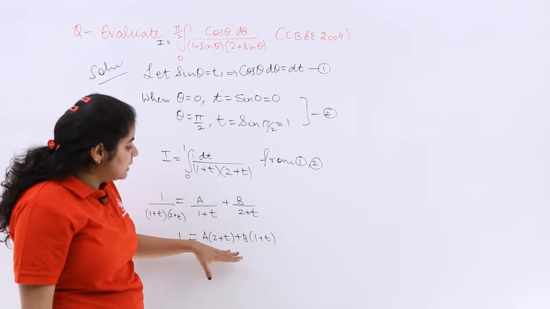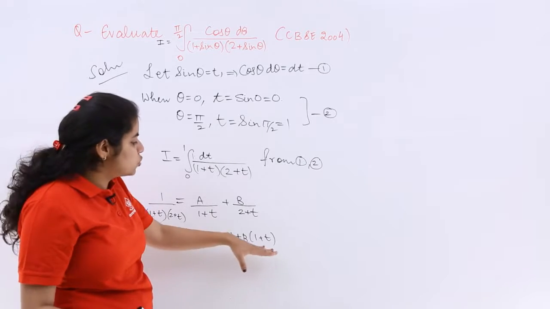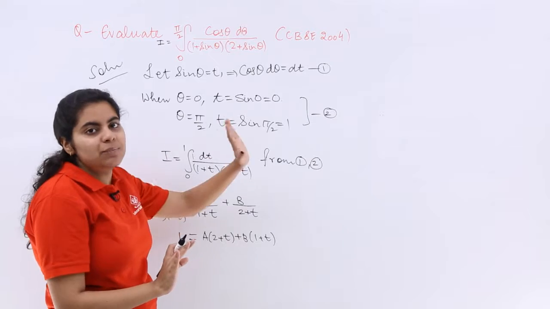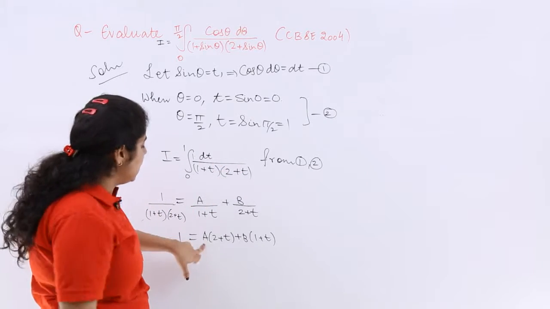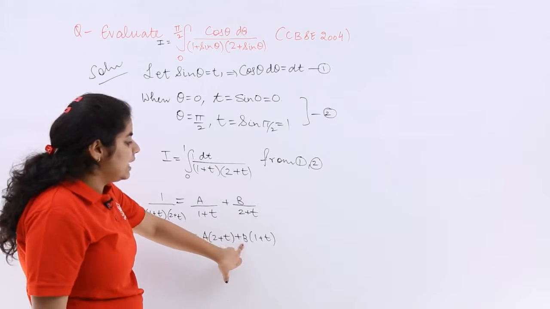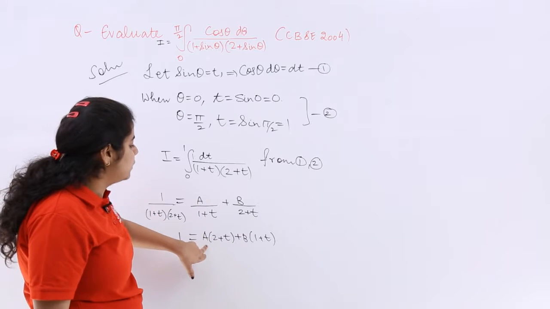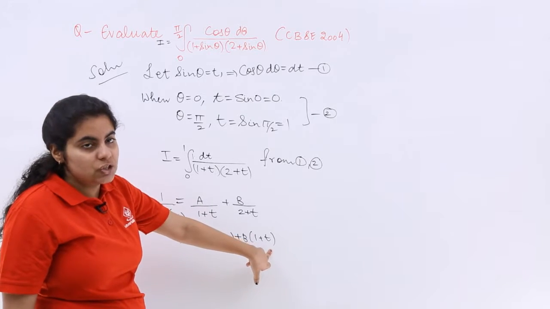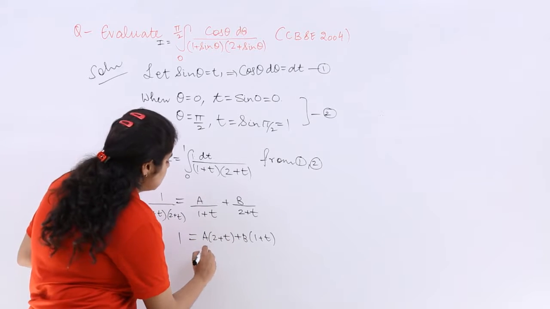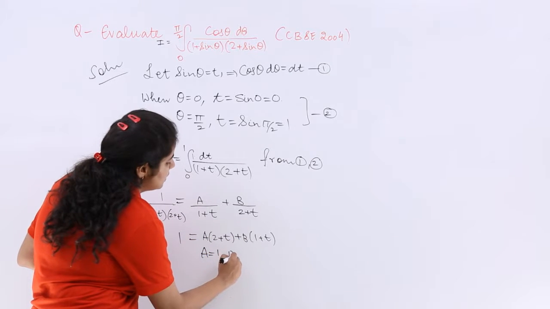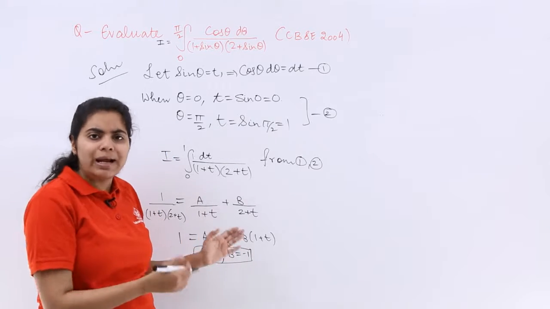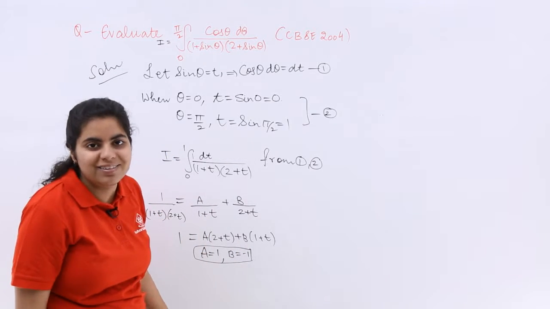Now you have to put one time t is equal to minus 2, the other time t is equal to minus 1. In short, you will get a as 1 and b as minus 1. So it is 2 plus t minus 1 minus t. So 2 and 1 will give me 1. So a is equal to 1, b is equal to minus 1. You can do the whole solution, but with practice you can get the answers orally.